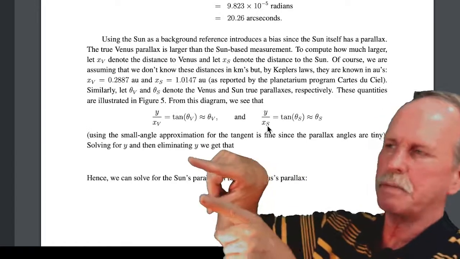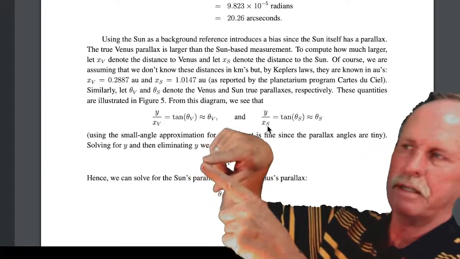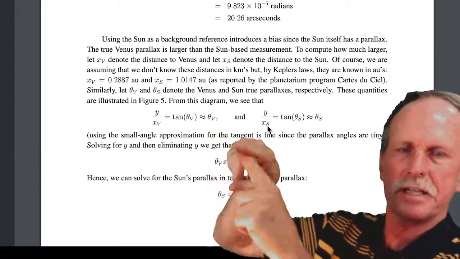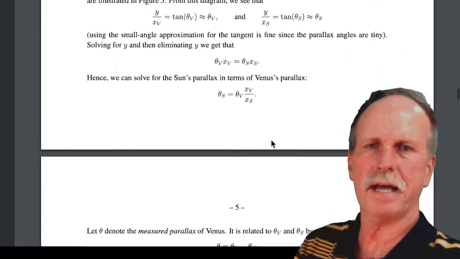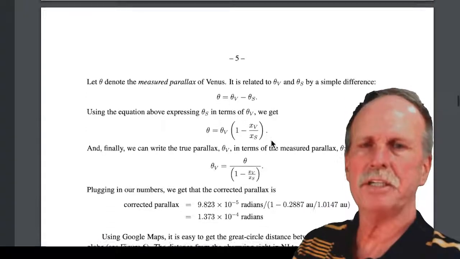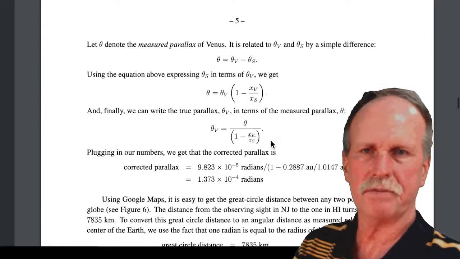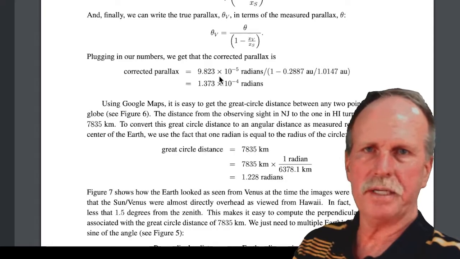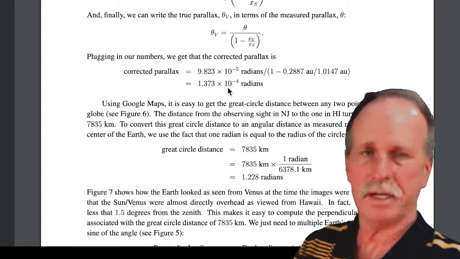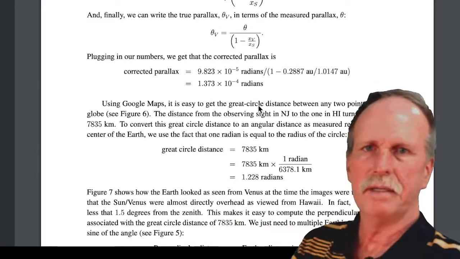However, if those same two observers looked at the center of the sun, it would cross at the center of the sun. That's the solar parallax. And that has to be taken into account for an accurate measurement. And he was able to do that, and here's his mathematics for it. And as you see, he went from 9.823 times 10 to the negative 5 radians to 1.373 times 10 to the negative 4 radians. So it went up a little bit.